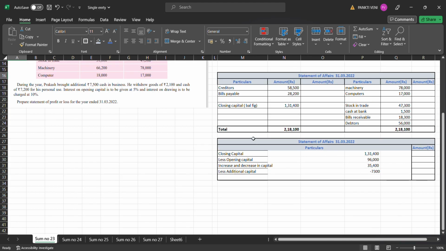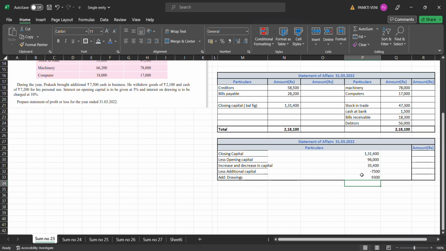Additional capital done. Then we have drawings. He withdrew goods of 2,100 and cash of 7,200. So we add drawings, 2,100 and 7,200. So we got our drawings also.